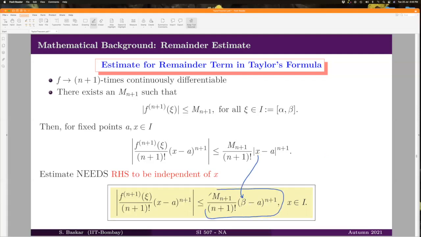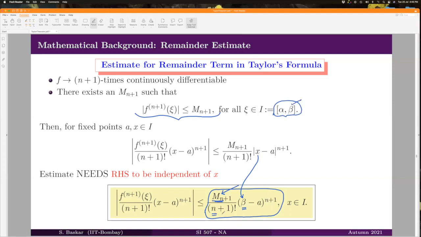Now you can see that M n plus 1 is known to us because we have assumed that f n plus 1 is a bounded function, and therefore this is assumed to be a known number, and beta is also known to us because we have restricted ourselves to a bounded interval like this.